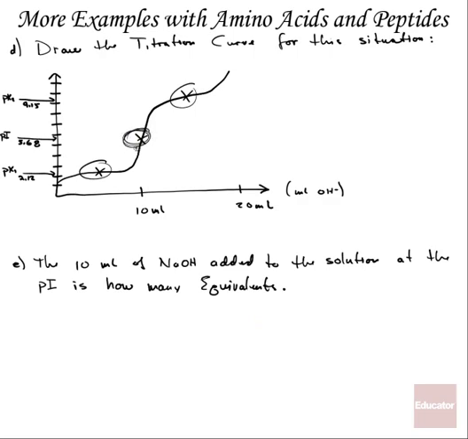A second equivalent will be added to bring it to full ionization, not the pK2. Remember, the pK1 and pK2 represent half deprotonation, so these are the buffer regions. It's fully ionized here, and then the second one is fully ionized here. So that's the second equivalent. So this is really, really easy. This is just one equivalent.